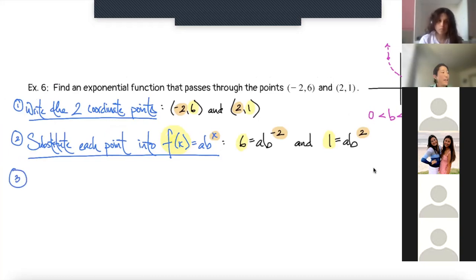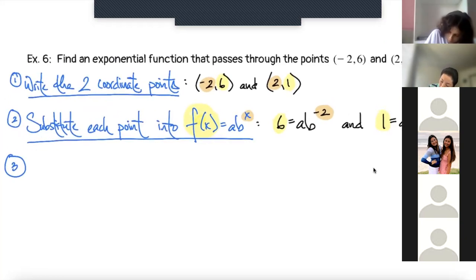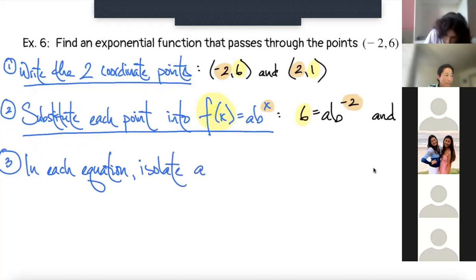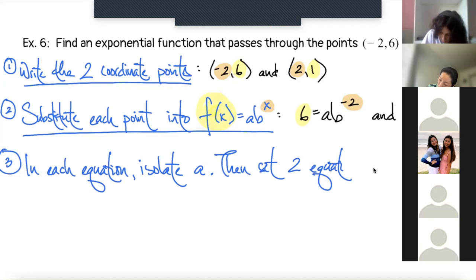All right. Now, what we're going to do, we're going to take each equation, and in each equation, we're going to isolate A. Then set the two equations equal.